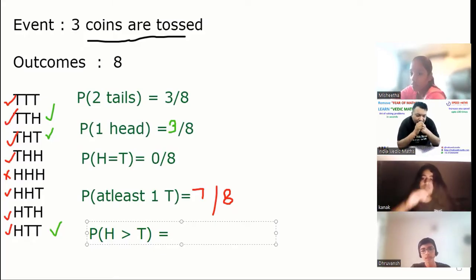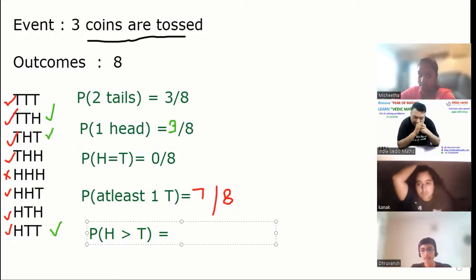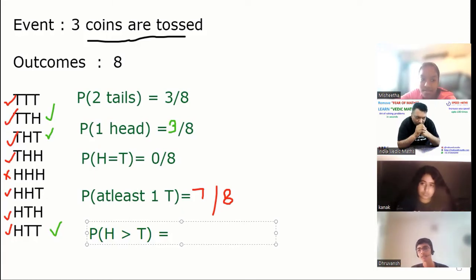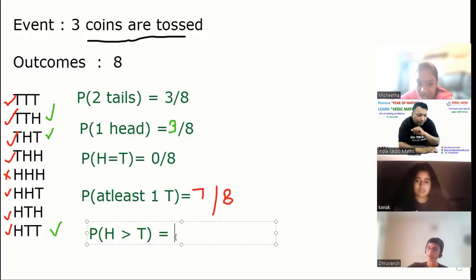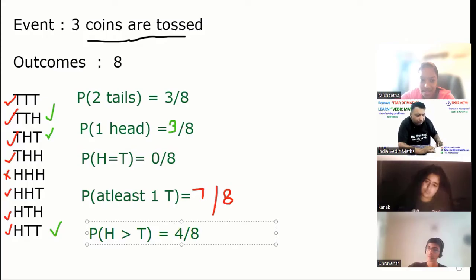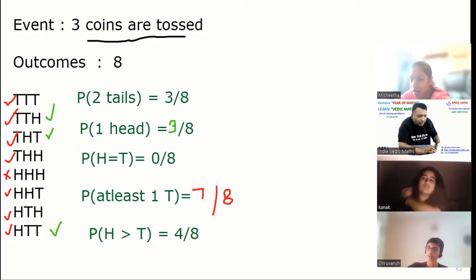Nishita, you want to explain this? So the first one is all tails, so no. I'm going to cross it because I'm running out of color.